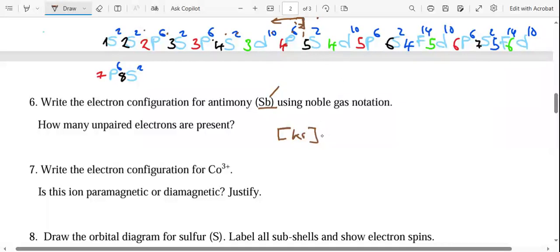So we'll have 4d here. I'm just using the d because of the way they are coming in, the lowest energy. So I'll say 4d, or let me say 5s2. Let me arrange it in that way so that you see.